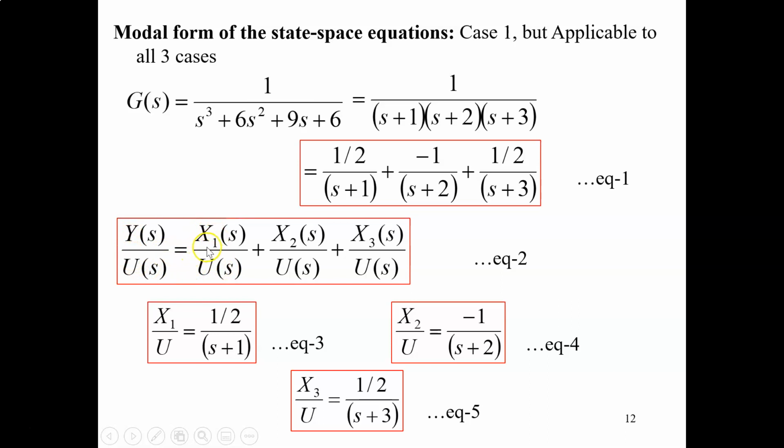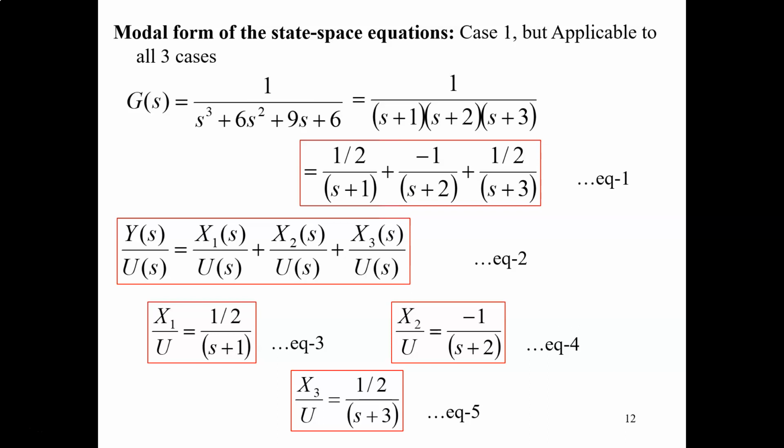Y over U will have to be x1 over U plus x2 over U plus x3 over U. And then I say this first term equals the first term there, second term equals the second term there, third term equals the third term there. So these x1, x2, x3 are not only 3 parts of y, they are also my states.